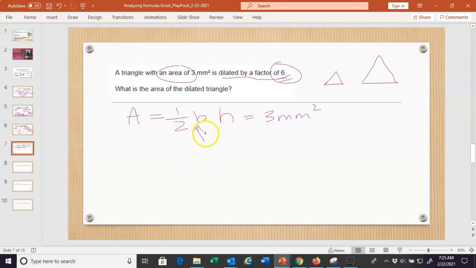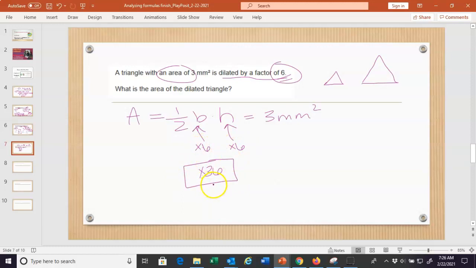We're going to multiply the base by 6, and we're going to multiply the height by 6, because that's going to change the shape by a factor of 6. If this also had any other side lengths in the formula, you would just multiply any side length by that factor. So we're going to change this entire formula by a factor of 36. We're multiplying 6 times 6.